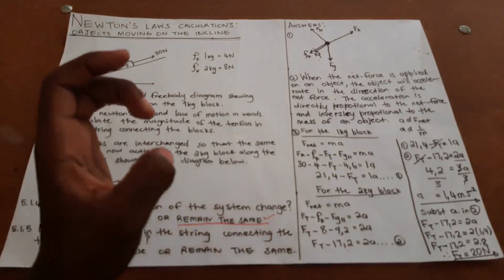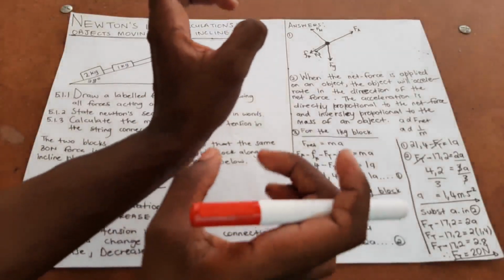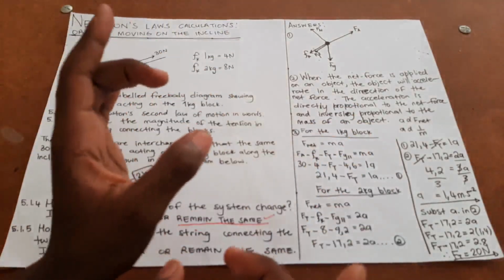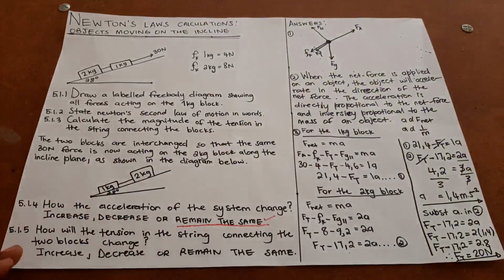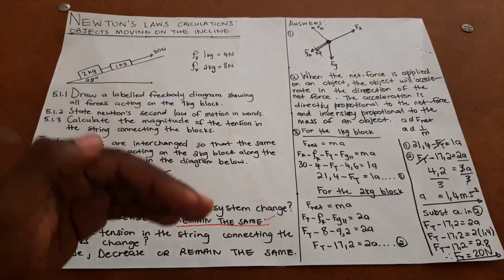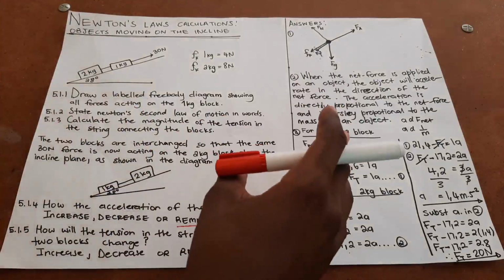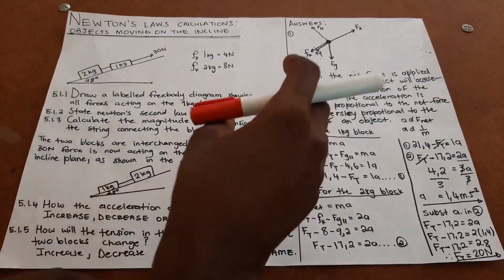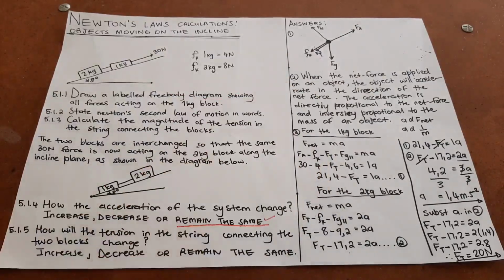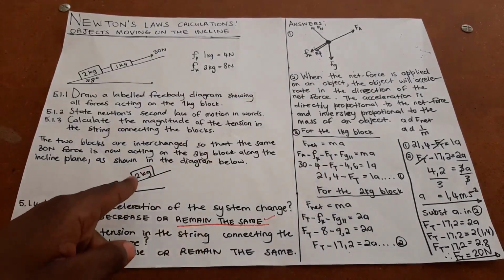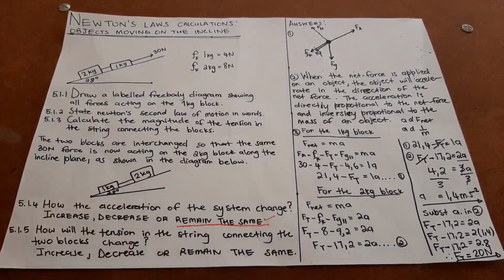When a connected system moves, the acceleration of all of the blocks is always the same. So in this instance the acceleration of the system will not change even if we take the 2 kg block to be up front pulling the 1 kg, as long as our masses are not changed.